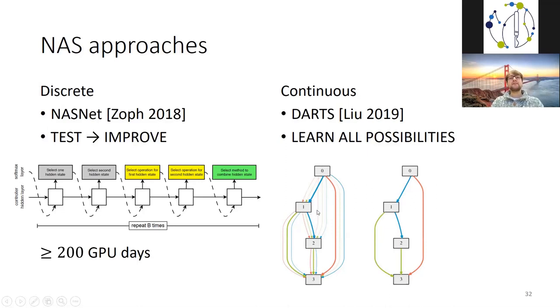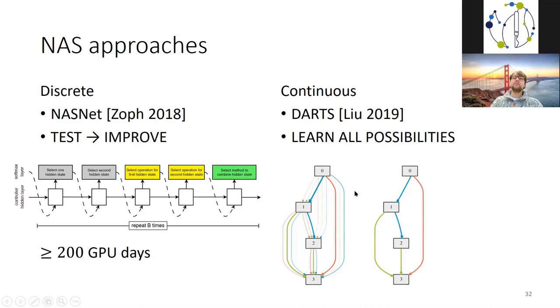This weighted sum then leads to a setup where, by choosing the element that had the highest weight in the weighted sum, we discretize this architecture and get one architecture instead of this sum of all possible architectures.